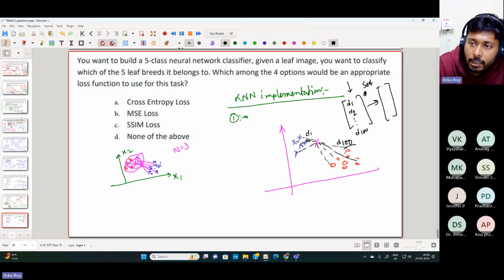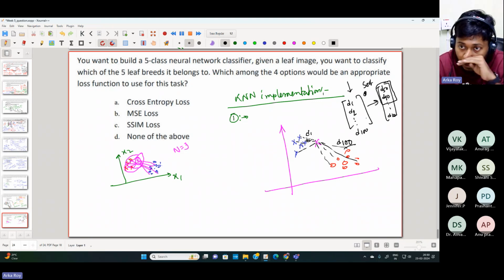By that logic, if D50 is the lowest value, then D40, then like that, let's say D10. If it is like this, then you have to consider the first k number of observations, and then you have to see for which of the classes the value is very low, and then you can predict it. And that is what we are doing over here.